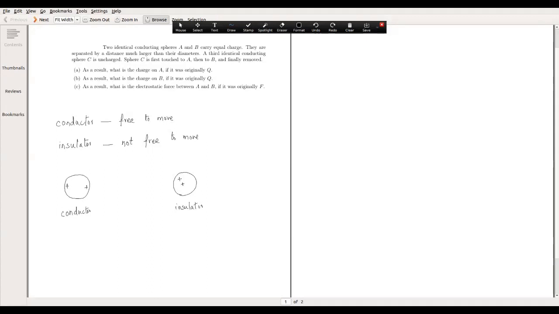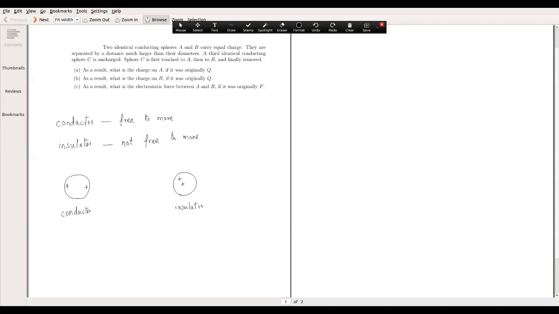So that's a basic idea. And what that amounts to is that if you bring in two conductors, then the charges will redistribute themselves and stay as far away as possible. Or in very simple terms, if they are identical spheres, then they will just share the charges. So that's the basic idea that's going on.